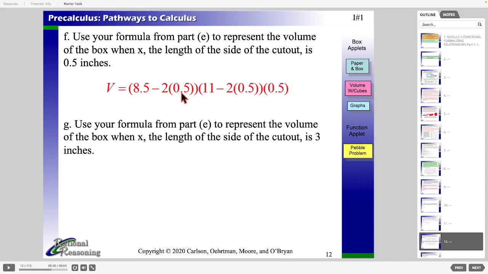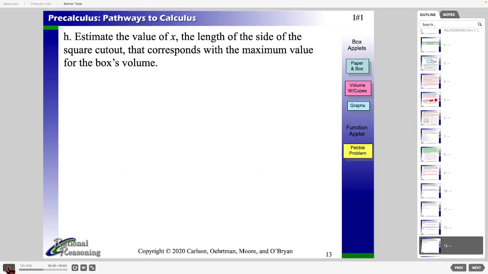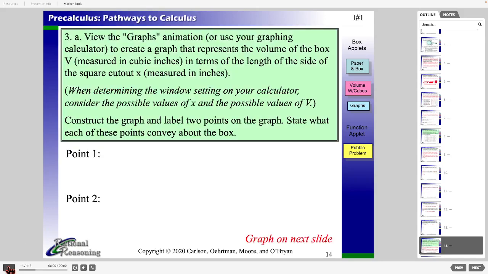So what if we made a 1/2 inch cut? We could plug in 0.5 for x, multiply it all out. We could put in 3 inches, do that, multiply it all out, see what kind of a volume we get. And so we could kind of guess what would be the best one. Well, maybe about a 1.5, as we saw before.